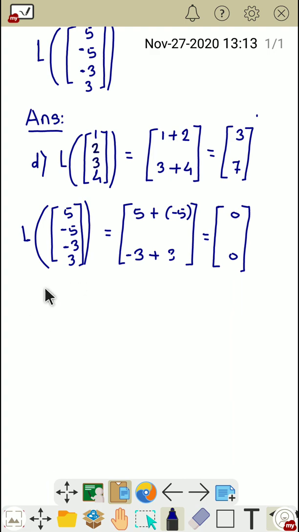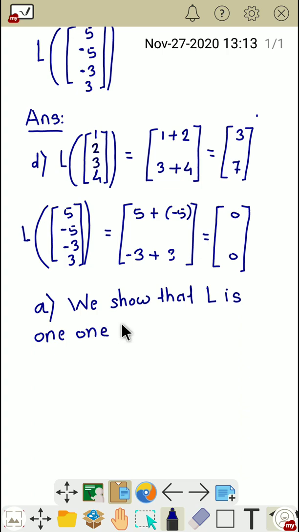Now let us go to part A. In part A we have to show that L is a one-to-one linear transformation.